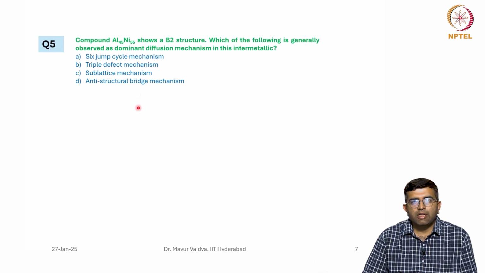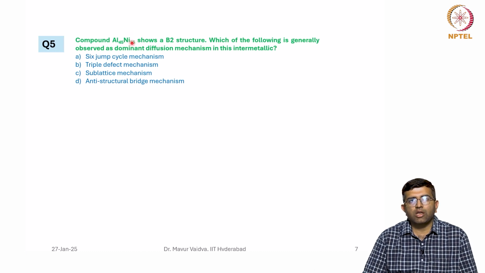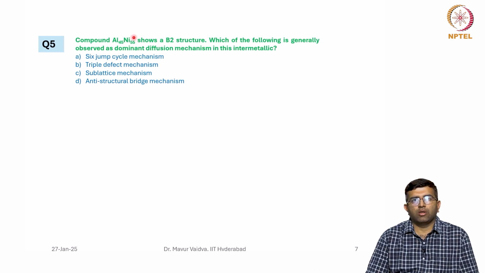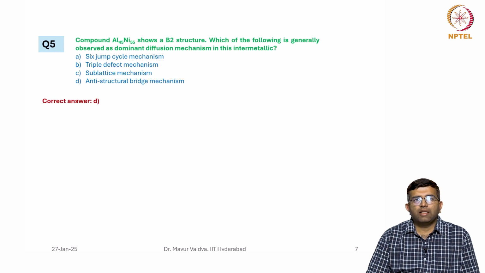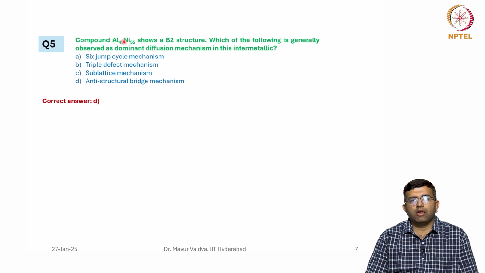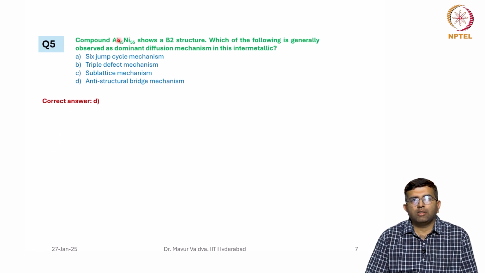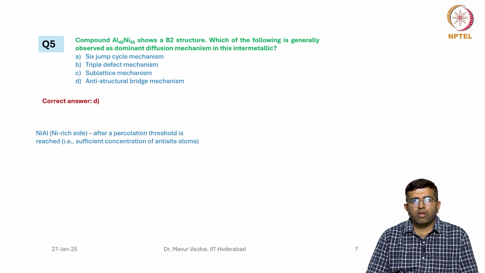And the composition given in the question is a Ni rich composition. For the Ni rich composition, we have seen that the correct answer is the anti-structural bridge mechanism. On the nickel rich side, the diffusion happens by the ASB mechanism.